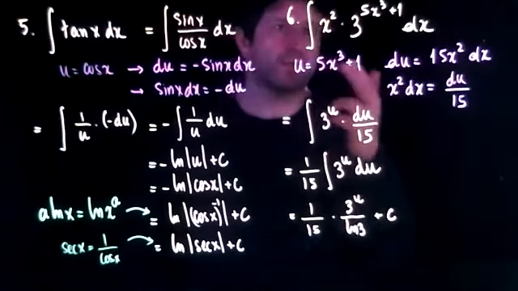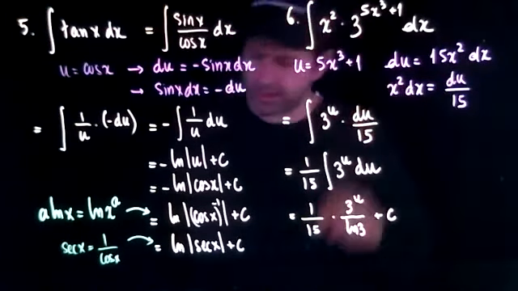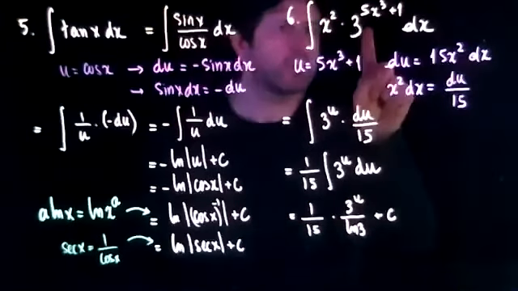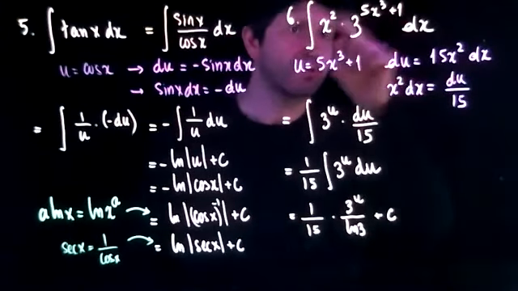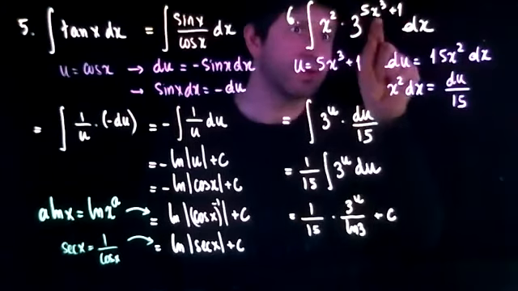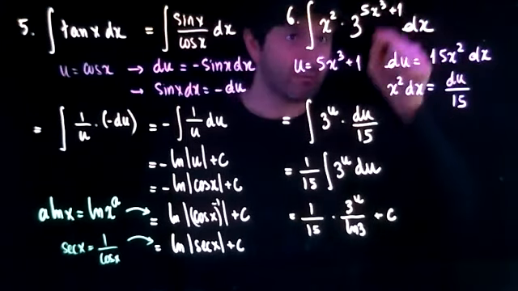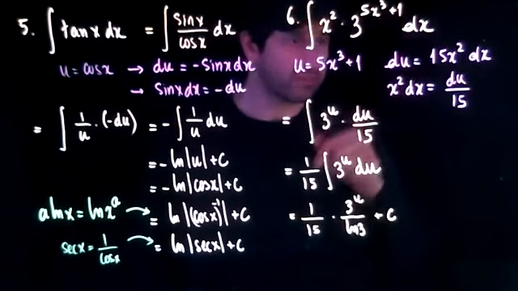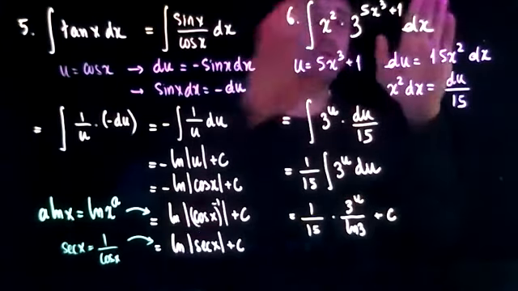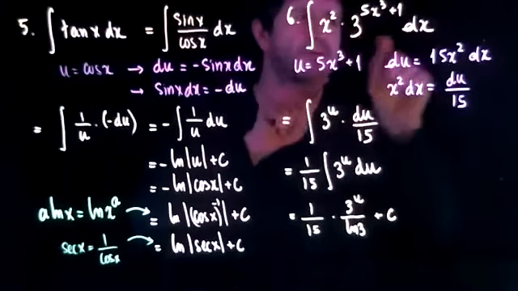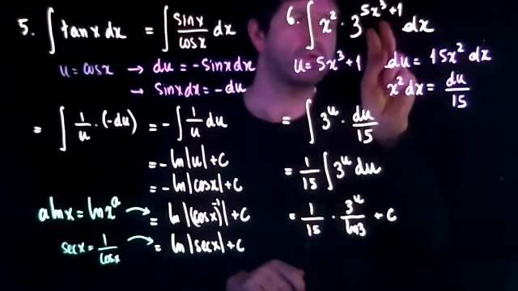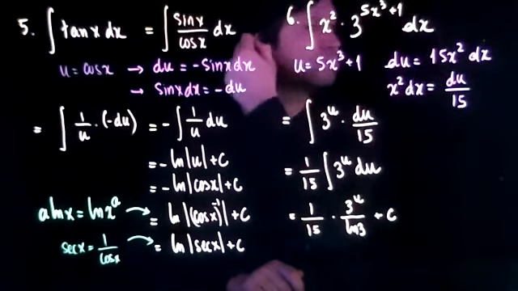What happened in my head here is that I noticed two things. First is that I have a function here, 5x cubed plus 1, in a power of 3. So this is a function of a function. If I were to derive this piece here, I would have to do the chain rule.